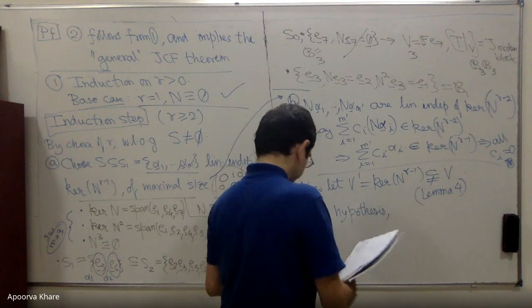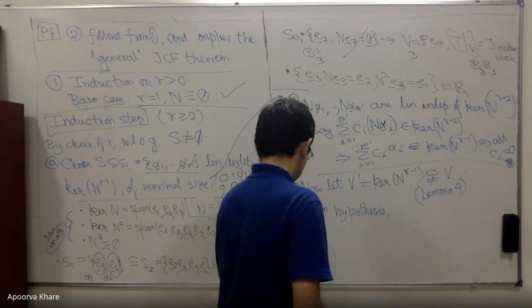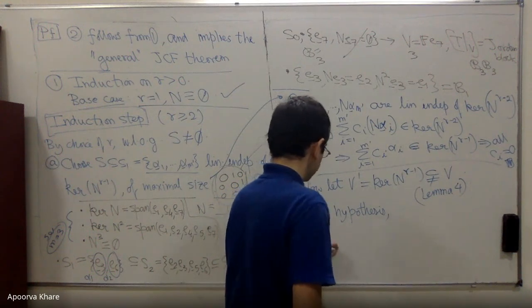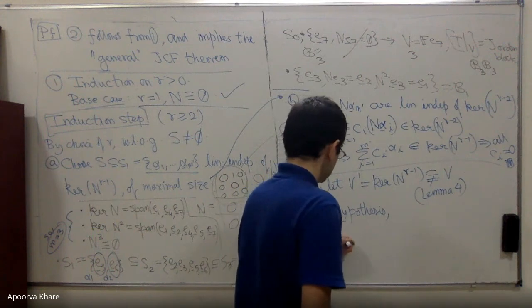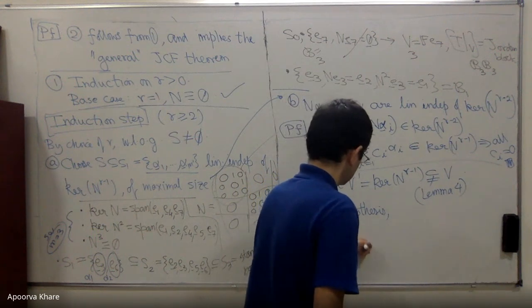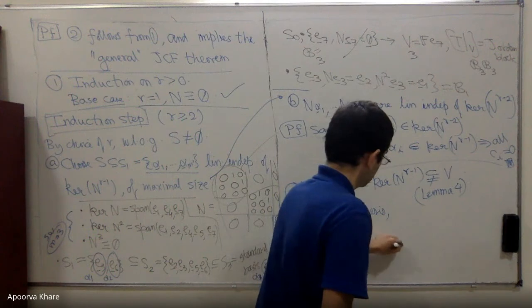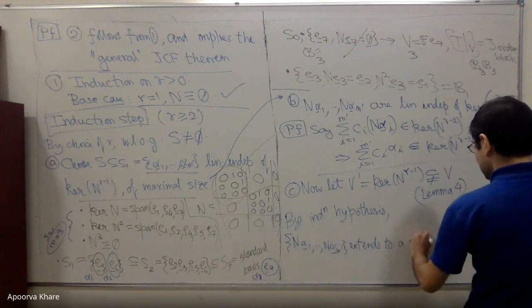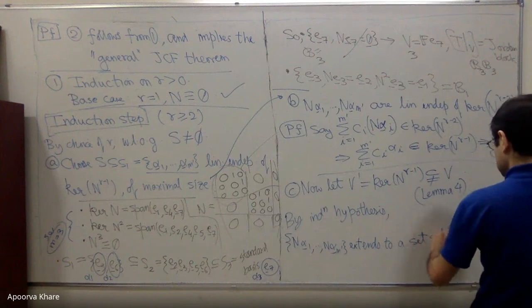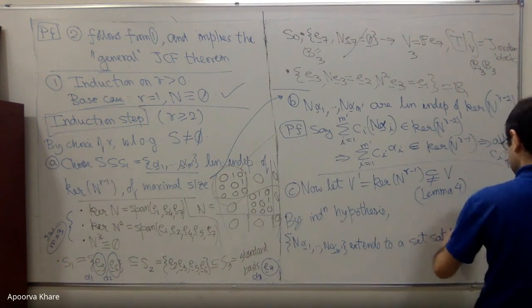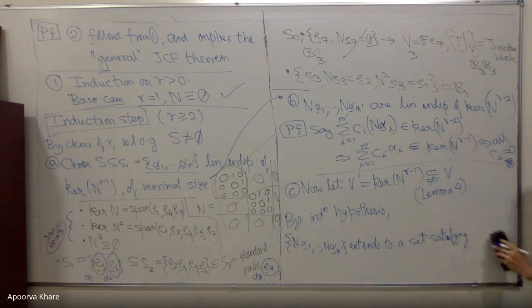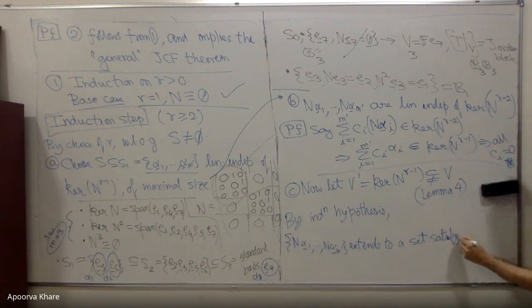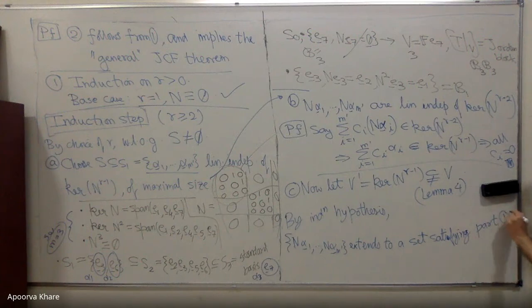So n alpha 1 through n alpha n prime extends to a larger set satisfying part 1 of the theorem. So all those things are satisfied.